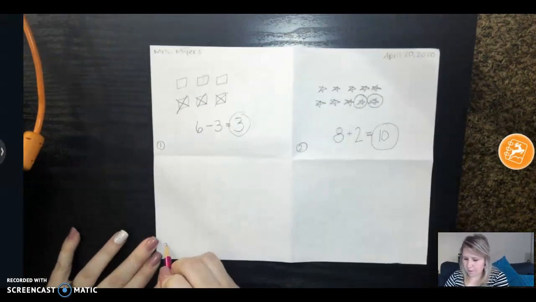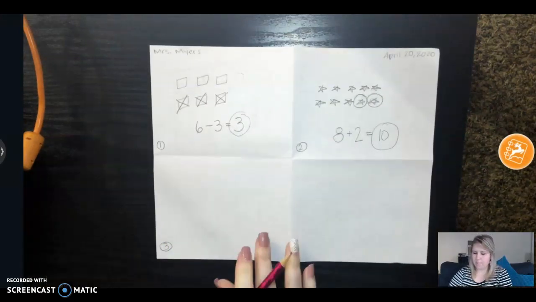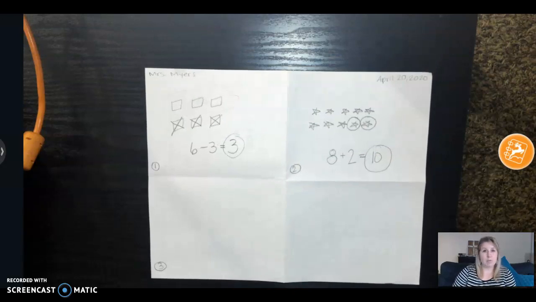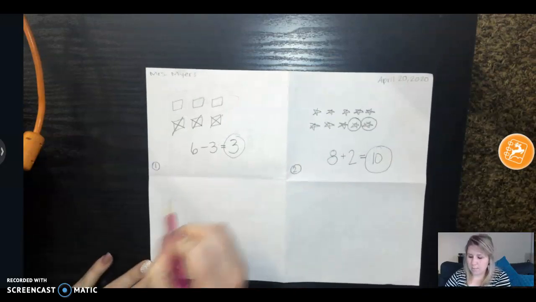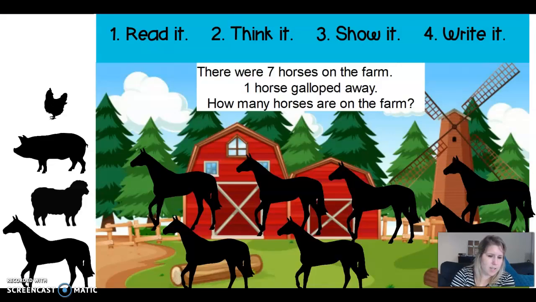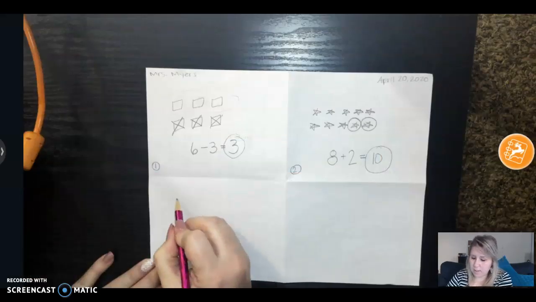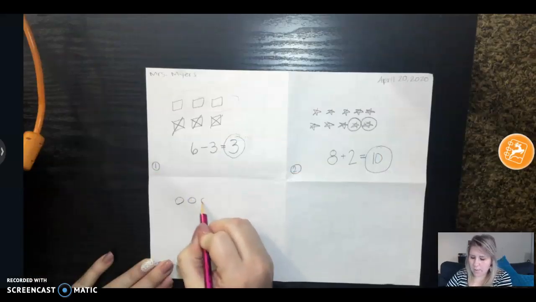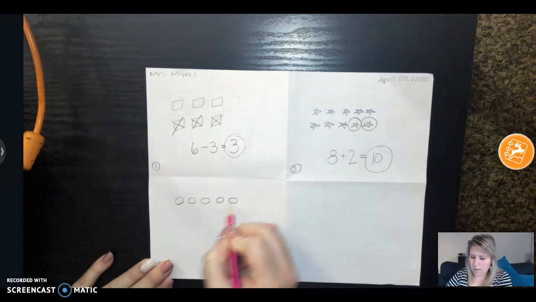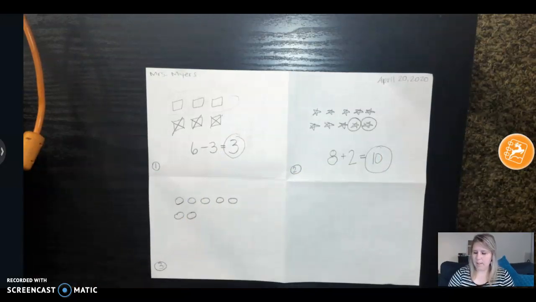So step 3, let's show it. So this is our third word problem, so we put number 3. Now this time I'm going to use circles for my horses. So let's remind ourselves of the numbers. 7 horses. 1, 2, 3, 4, 5, 6, 7. Now remember, 1 galloped away. Galloped is like you ran. So if 1 ran away, yeah, we took 1 away.